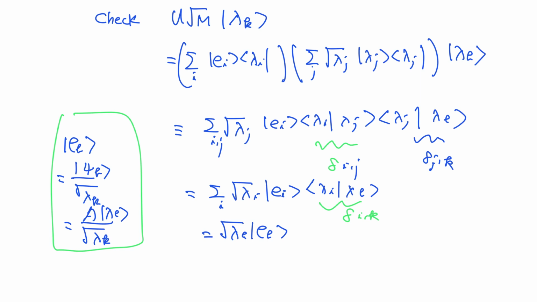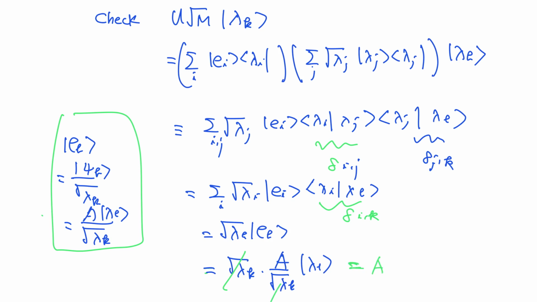You have to go back. So it becomes root 2 lambda_k times root 2 lambda_k, A lambda_k. This cancels each other.